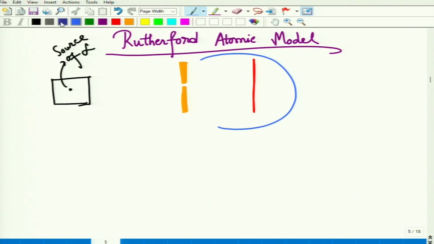So the alpha particle goes like this and is going to penetrate the gold foil. Let me give the data actually. This source element was bismuth 83, 214. This is a radioactive element.